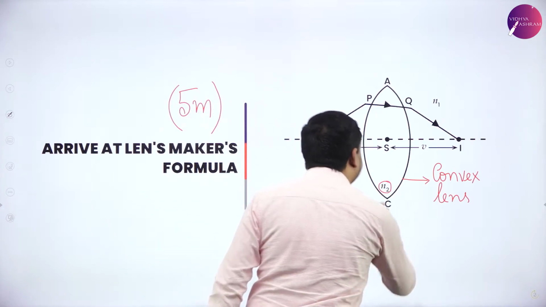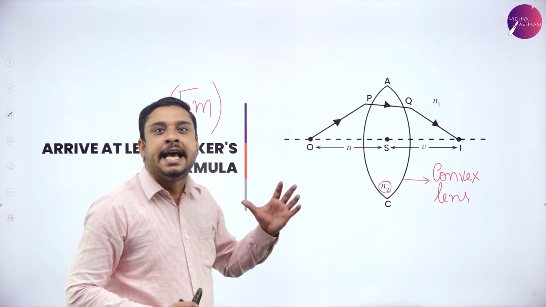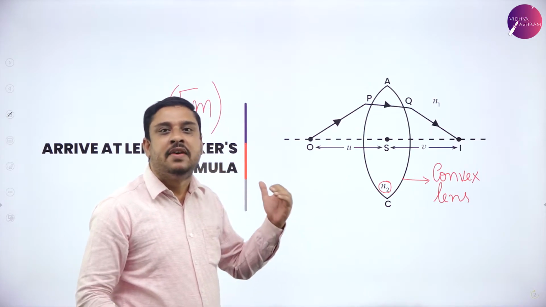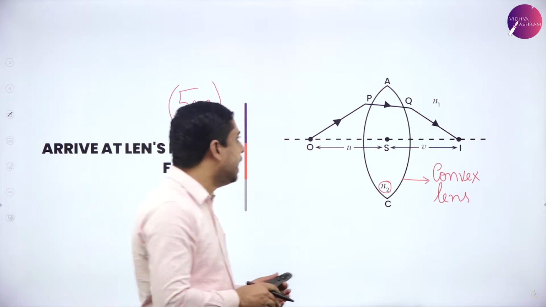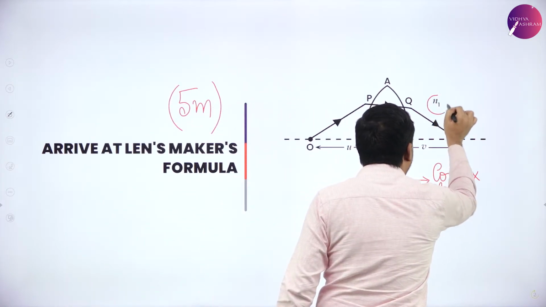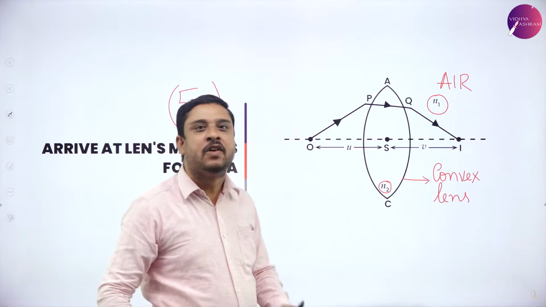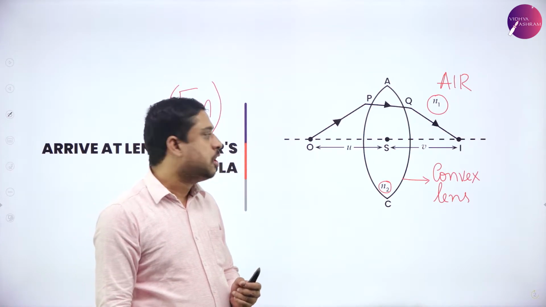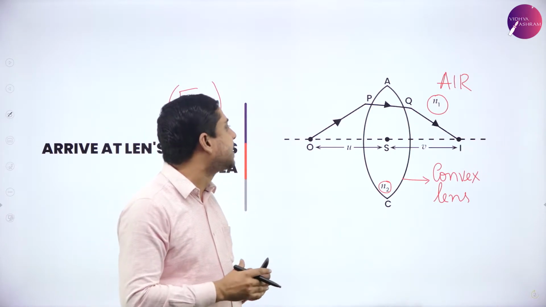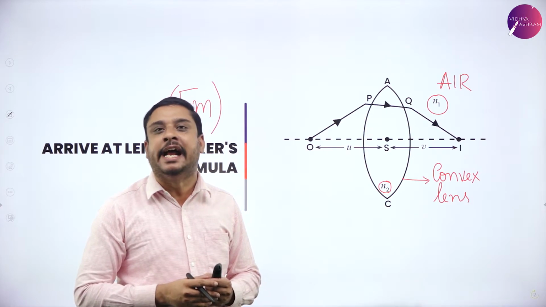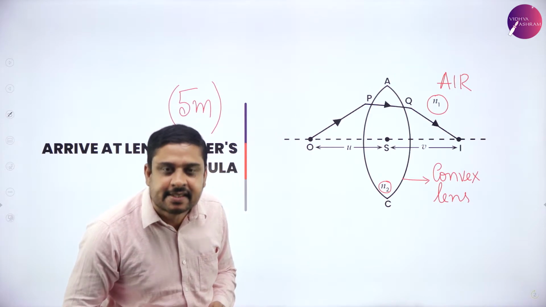The lens is made of glass which has refractive index N2. It is surrounded by air which has refractive index N1.